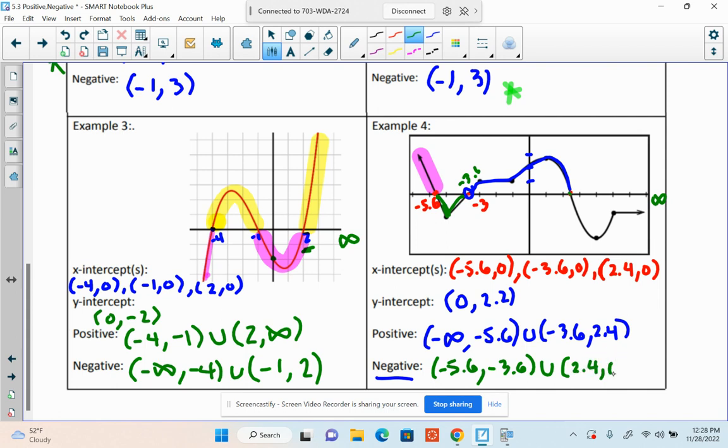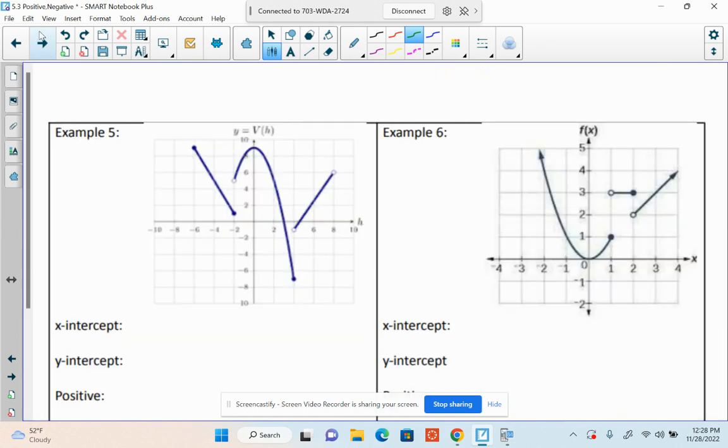So x equals 2.4 to x equals infinity. Notice we are using x values. When we're trying to figure out the intervals where it's positive and negative, we only use x values. Identify all x values where the y values are positive, and then identify all x values where the y values are negative. Okay, we're going to flip to the next page.